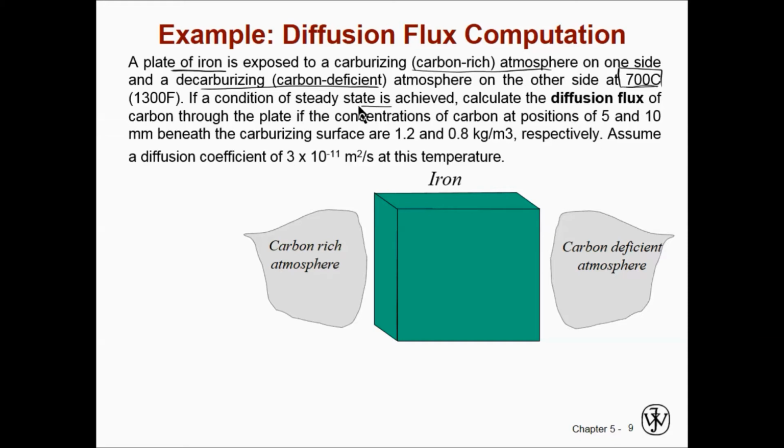If we achieve steady state condition, we have to find the diffusion flux J. It says that is the surface where x is 0, and 5 millimeters below the surface, carbon concentration at that part of the plate will be 1.2.